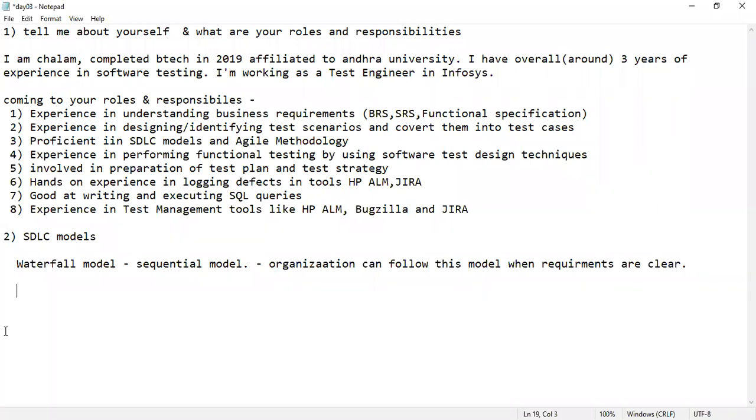So who will be involved in that meeting? Most probably the CEO of the company or someone from the higher management. That initial meeting we call a kickoff meeting.